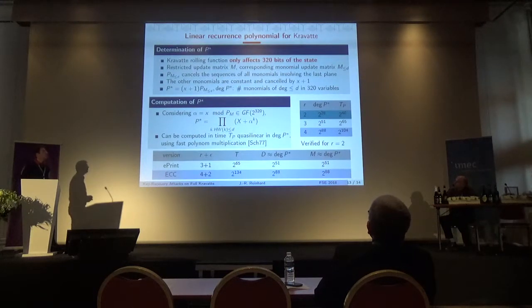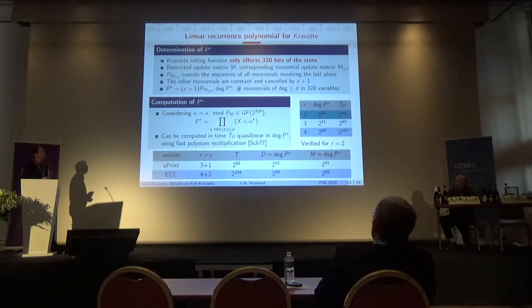So if you consider the update matrix M, that is the restriction of the update of the rolling function to this last plane, and you consider the corresponding monomial update matrix restricted to the last plane, the characteristic polynomial of this matrix cancels all the sequences of the monomials involving the last plane. The other monomials, which involve only bits of the other planes, are constants, and so they are cancelled by the polynomial x plus 1.